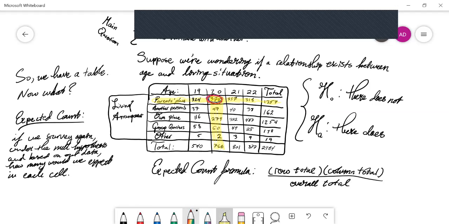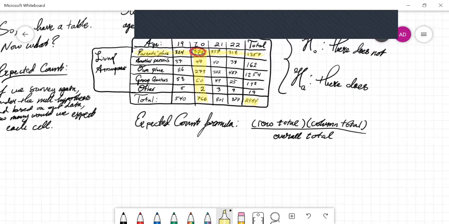And then when you divide by this overall total, you end up essentially with the proportion of this and how it relates to the overall total. So when you multiply these two together, and then divide by this overall total, you'll end up with a theoretical count of, under our null hypothesis, if you were to sample again, this is how many people you would expect.